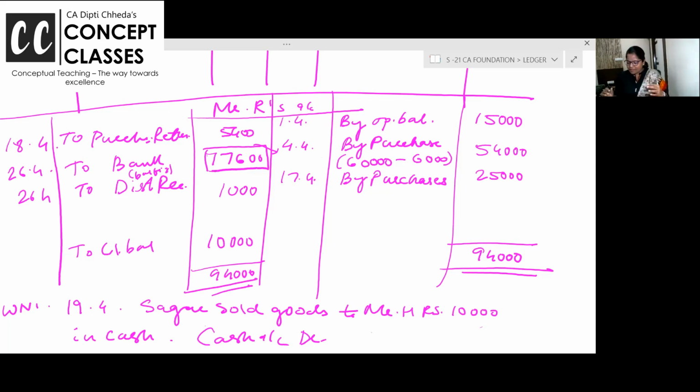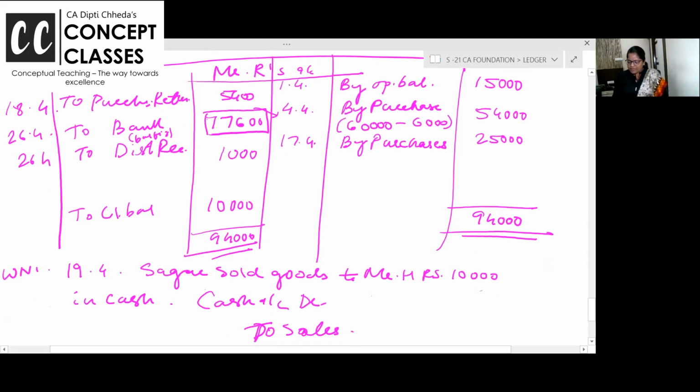I want to repeat. I had to pay after credit minus debit 78,600 to R. He allowed 1,000 discount and this carry forward. So 77,600 I paid, sorry, by check.